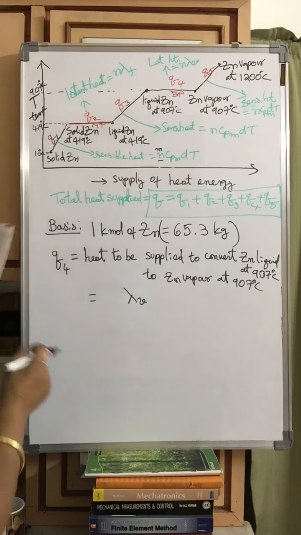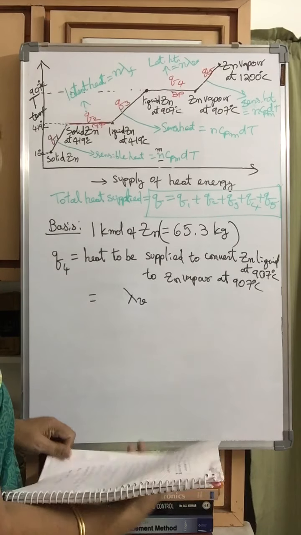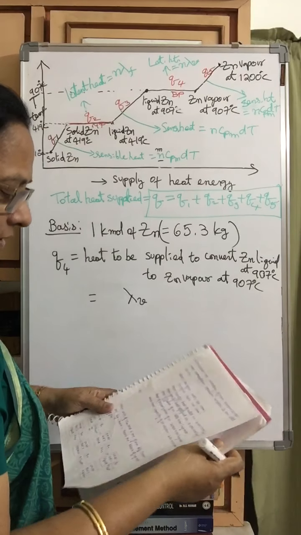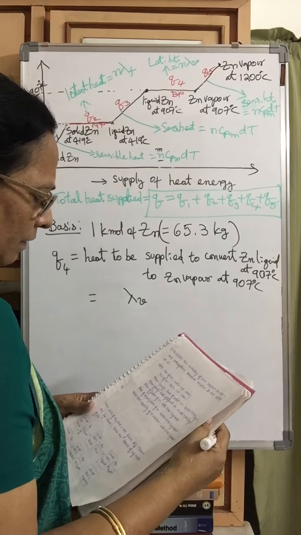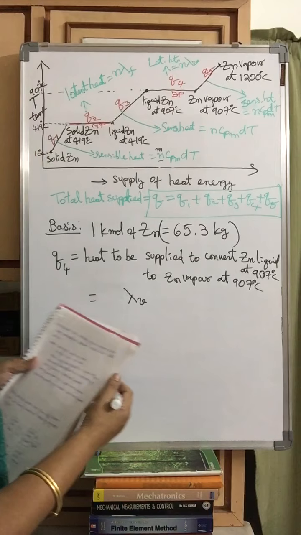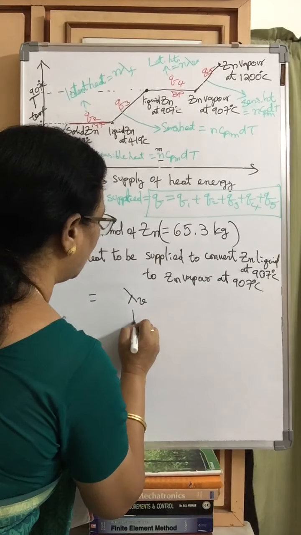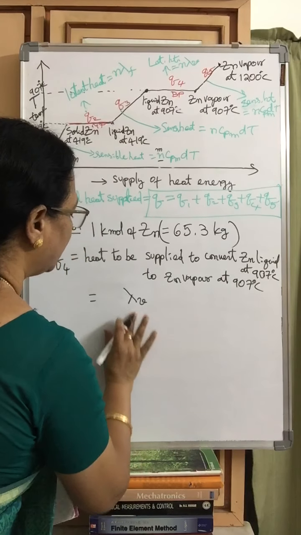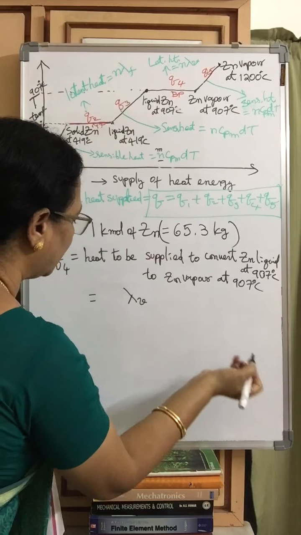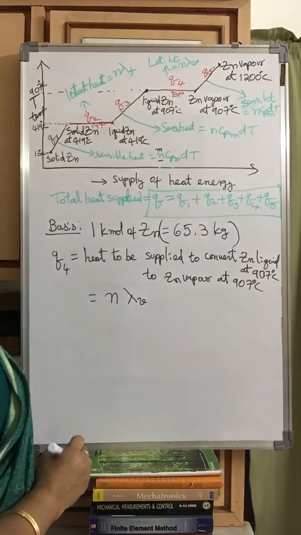Let us see. Heat of vaporization is 26,900 kilocalorie per kg mole. It is given as kilocalorie per kg mole. So shall we take N here?